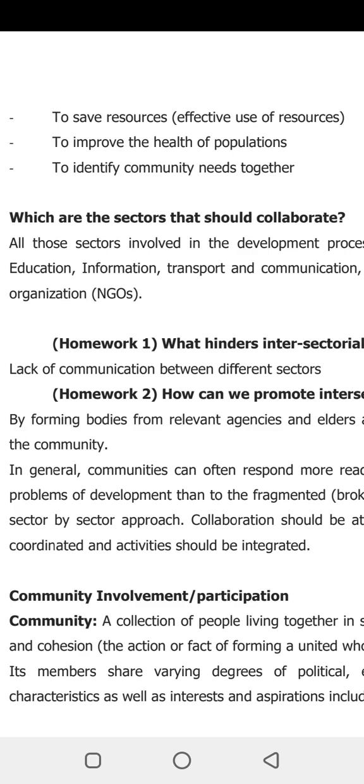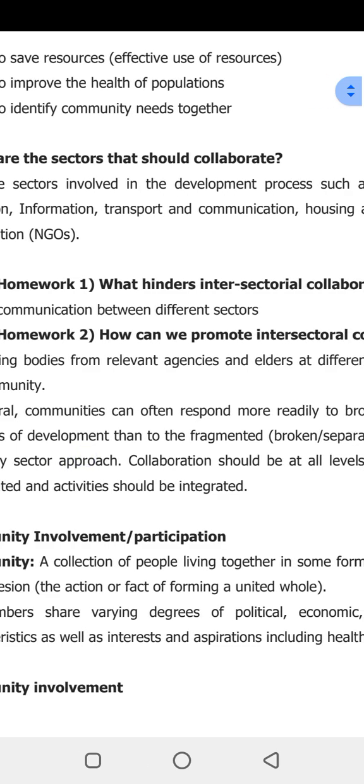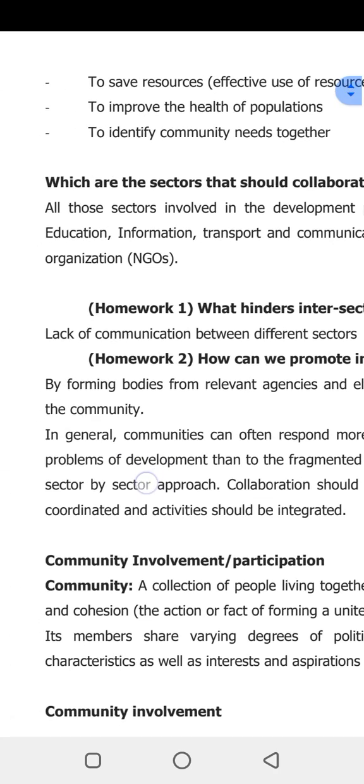They should all collaborate to make sure that they provide good services. They provide equitable services to the community members. And once all these sectors come together, there is promotion in the services which is being provided to the community members.